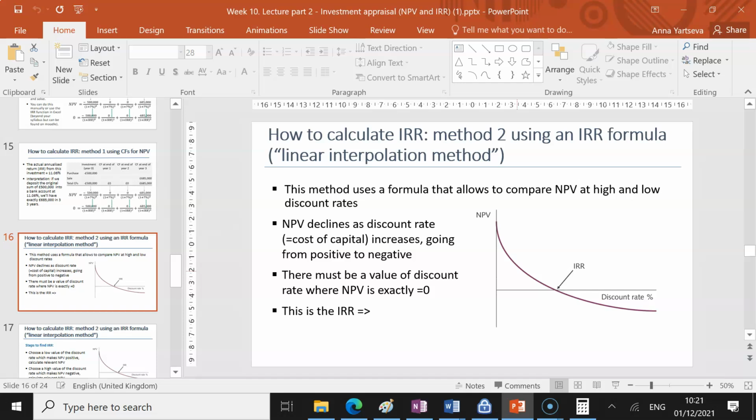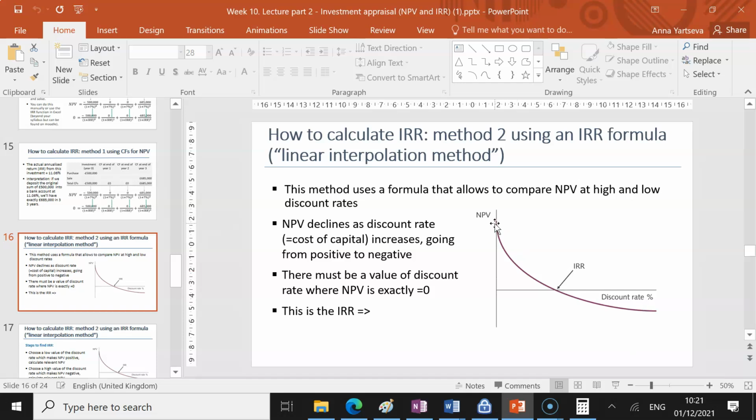It can actually become negative because you discount all future cash flows by a significant amount. If you use a very low discount rate, the chances are your net present value will be positive. So it varies with the discount rate. And internal rate of return is the value which makes it just equal to zero.